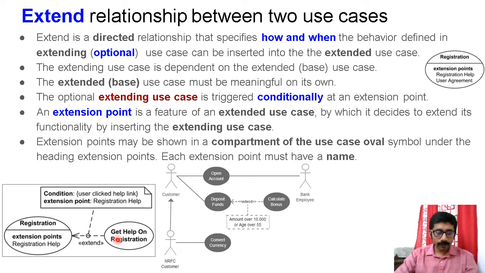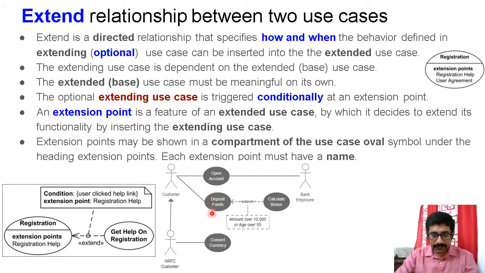The arrow is pointing from the extending use case to the extended use case, and this extending use case is inserted into the extended use case at the extension point. Extension point is the time at which the decision is made. Here that decision whether to include or not is taken when the user clicks on the help link, and this get help is inserted. So the usage of this extending use case is optional. It is decided based on the condition.